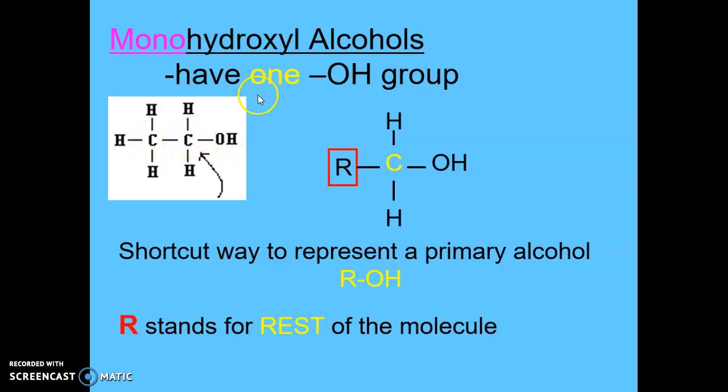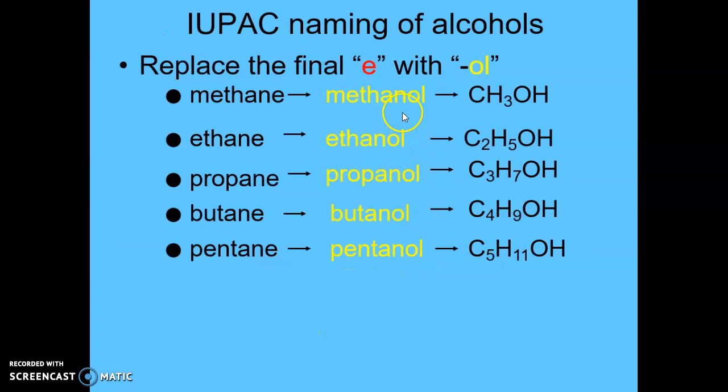Then we change the -ane ending to -ol, and then we have ethanol. We have methanol if we have only 1 atom of carbon, ethanol if we have 2 atoms of carbon, propanol for 3, butanol for 4, pentanol for 5.